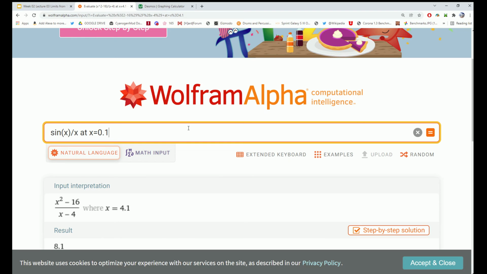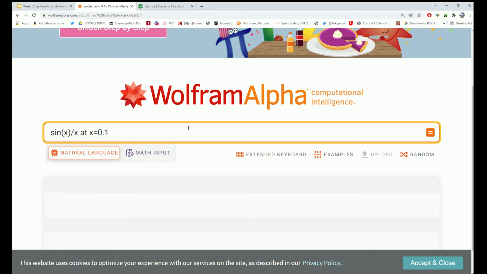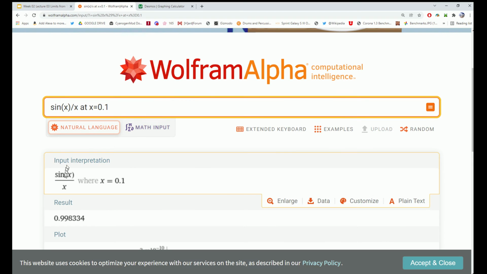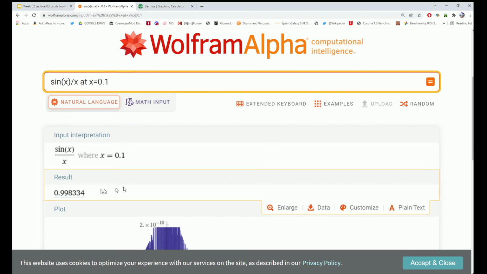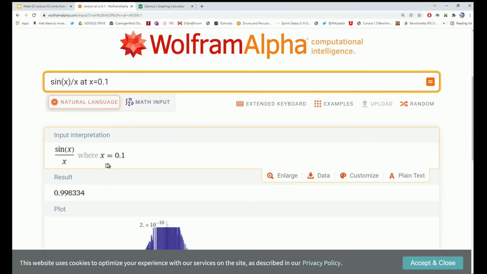I think the last time I said evaluate, but you don't have to. Wolfram Alpha will understand a lot of different things that you type in. You type it in, and it tells you what it thinks that you typed, sine x over x, where x equals 0.1, and then it gives you the result. Now notice that the x here is in radians, not degrees.